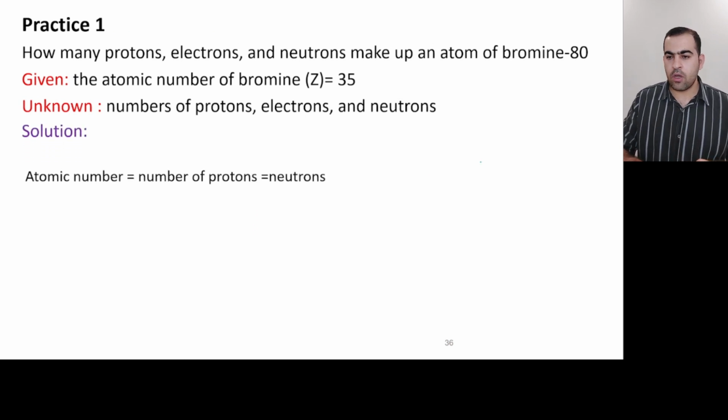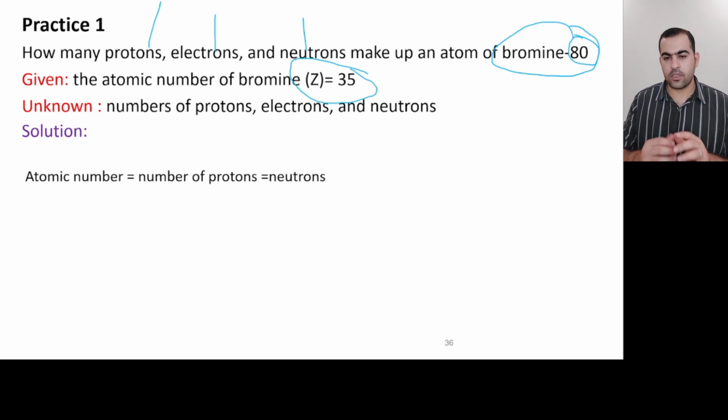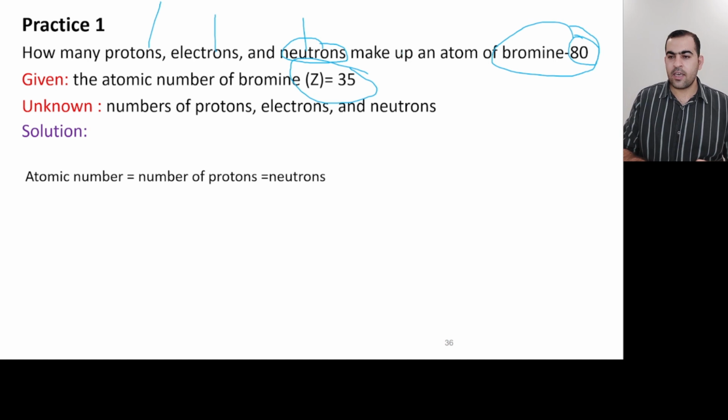Same question. Bromine 80. This 80 is the mass number, and I want the electrons, protons, and neutrons number. Atomic number is given, 35. Atomic number is 35, which means protons number is 35, electrons number is 35. But the neutrons number is the mass number, which is 80, minus 35.